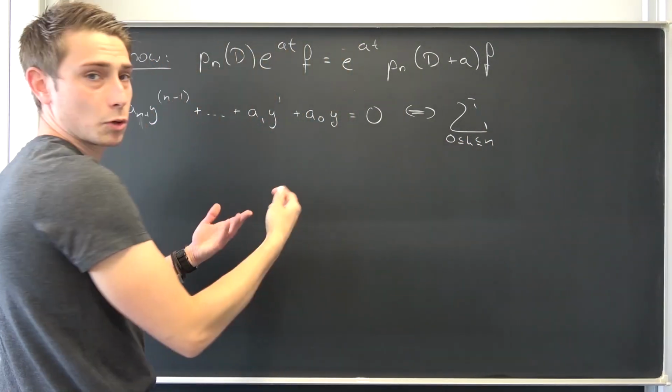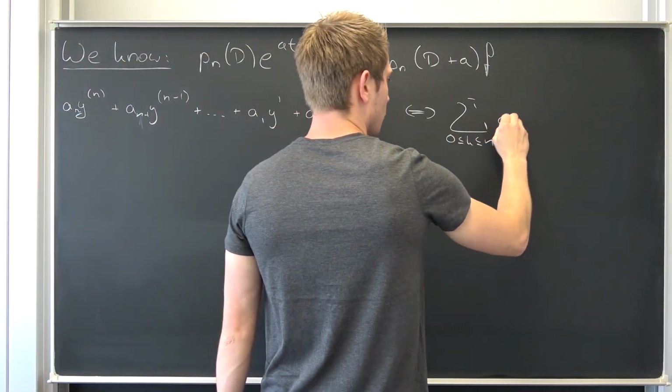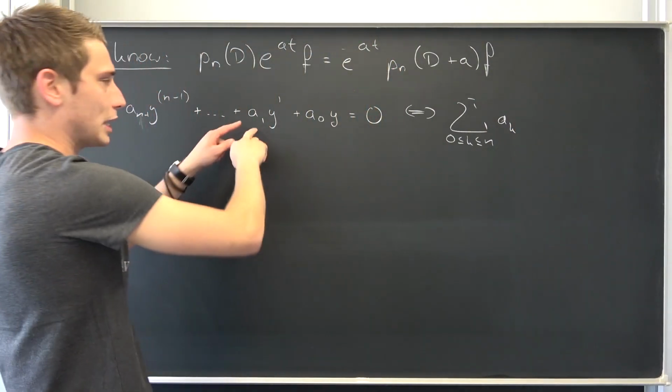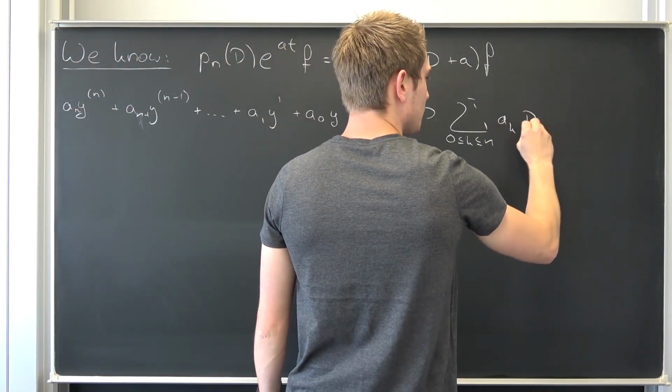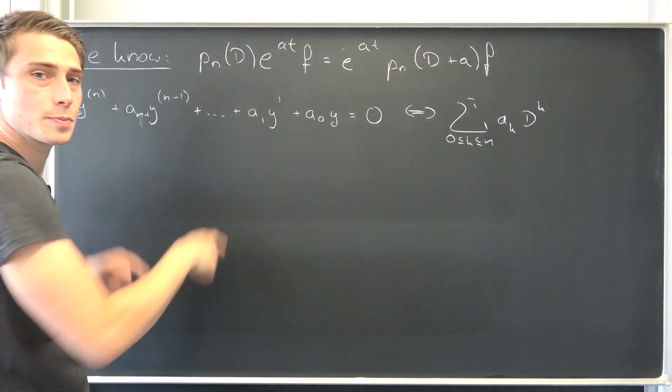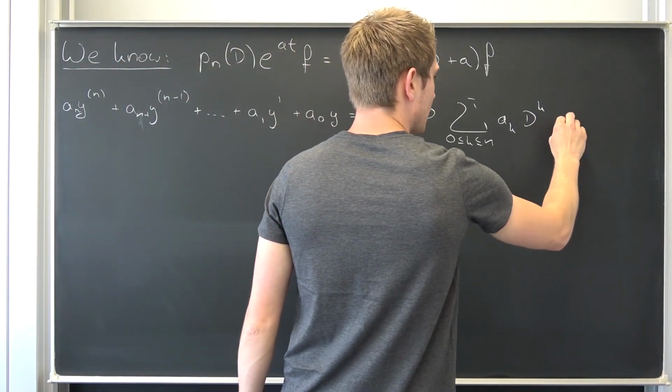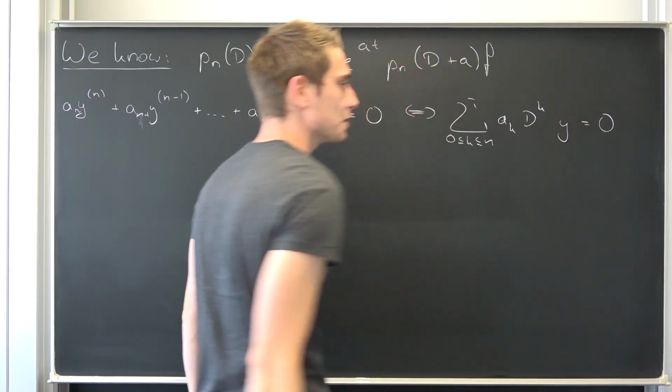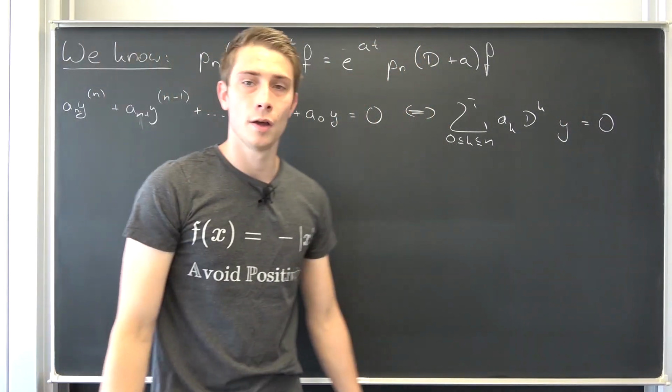And what do we have here? Well, we have those constant coefficients a_k. Also, we have the D operator to the kth power, for example to the nth power, to the first power, whatsoever. And also we have our y. And all of this is equal to 0.